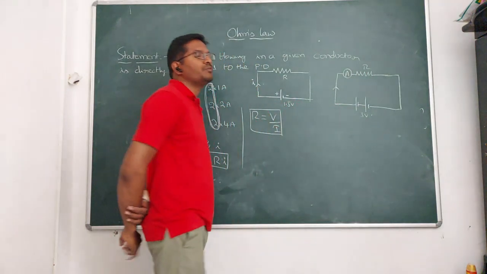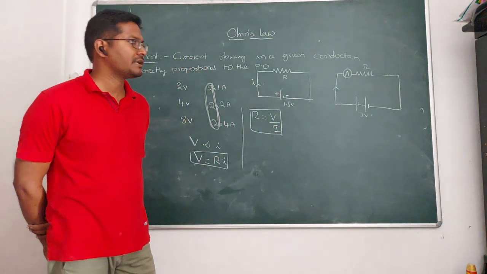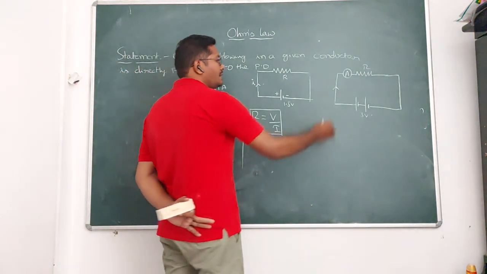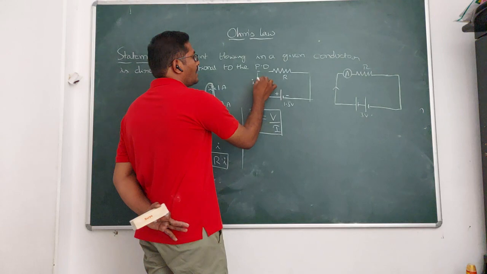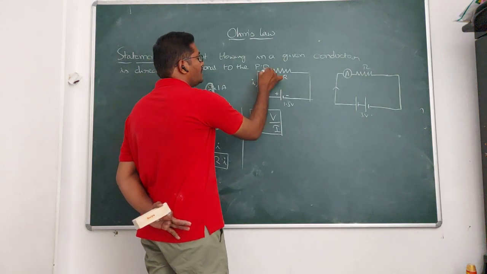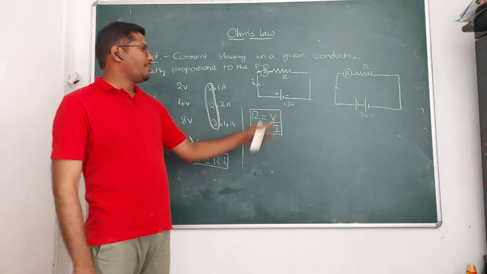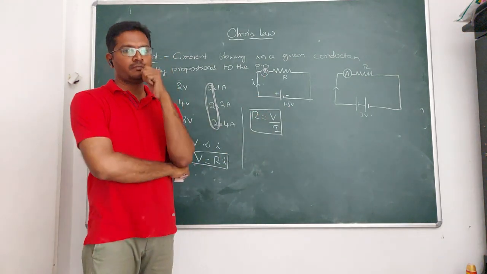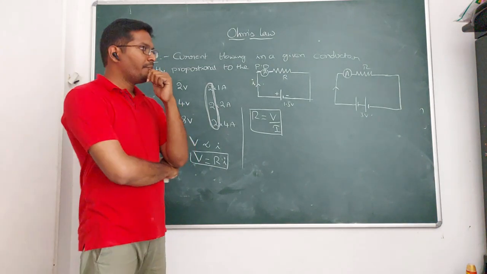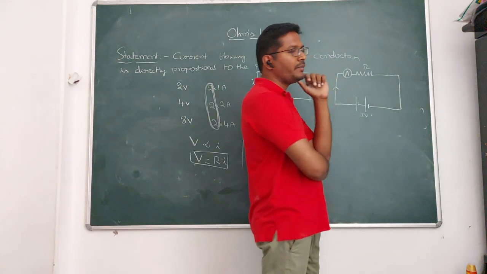An ammeter is an instrument which shows the current flowing in a circuit. So by connecting a 1.5 volt cell, what is the current in the ammeter? By connecting 3 volts of cells, what is the current in the ammeter?